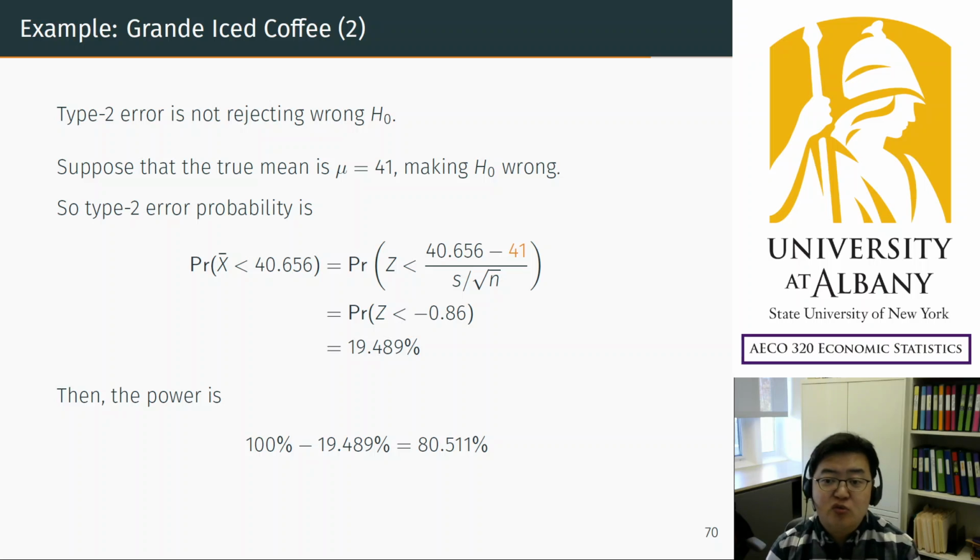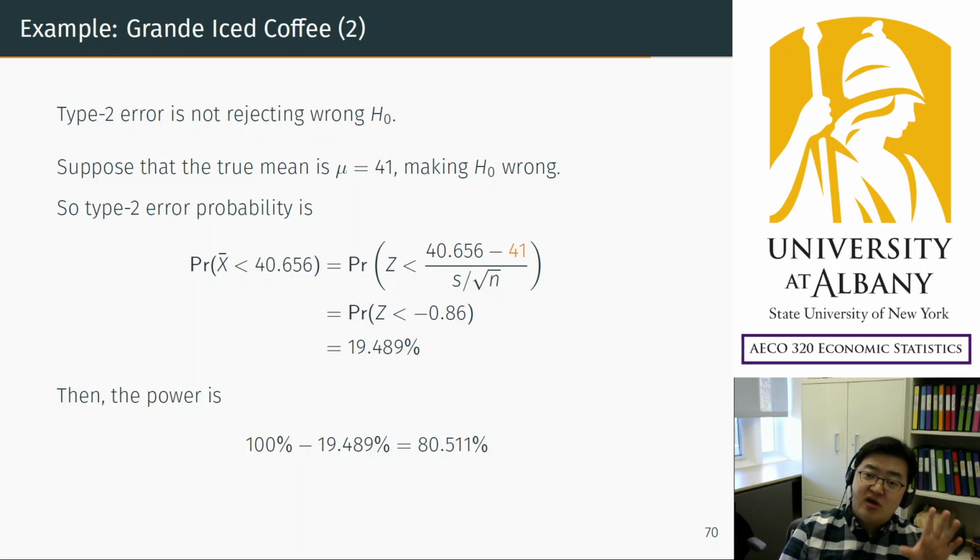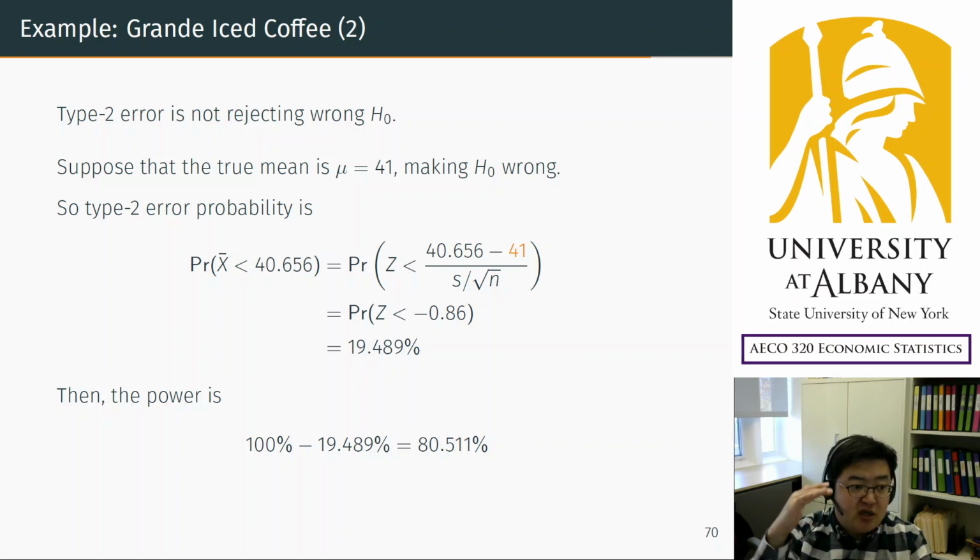It happens when you don't reject. When you don't reject, it means from your data, the average temperature is low enough, so you don't reject. However, actually, that was your measurement error. There was a problem in your thermostat. Actually, the Starbucks coffee was not cold enough, but your thermostat measured it too low.